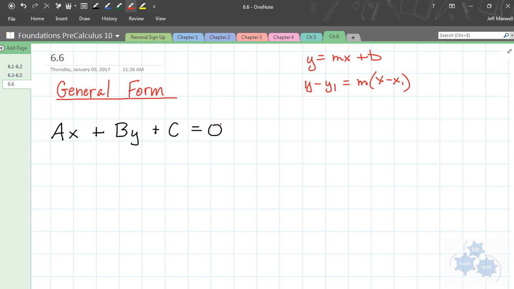Okay, very good. What's another thing you notice about this one? If 0 is on one side, what's on the other side? Stuff that equals 0, yes, that's everything else. So the x term, the y term, and what would this c represent? Slope? No, not slope.